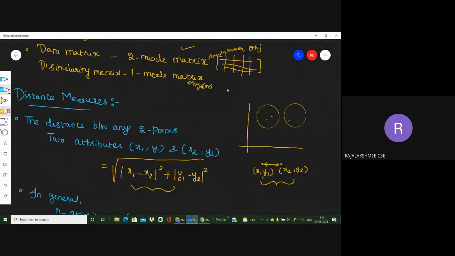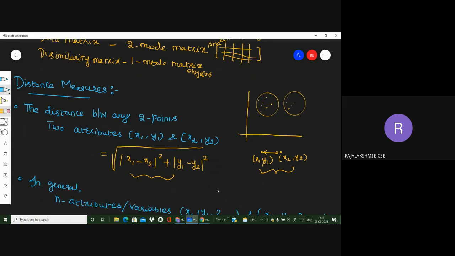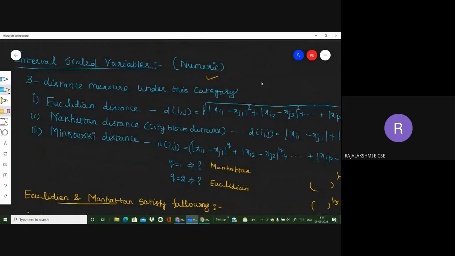Okay, and for the distance, there are three types of distance measure to calculate the distance between two data points in a two-dimensional space. The distance formula, as you know, is a general formula, but it has been modified for numerical values by using three measures: Euclidean, Manhattan, and Minkowski.